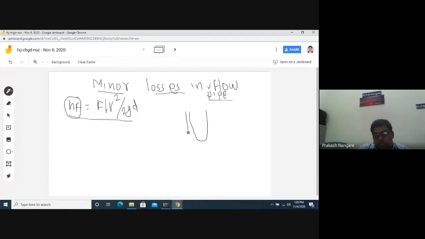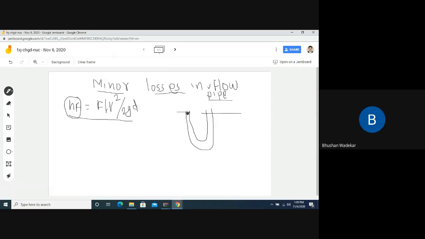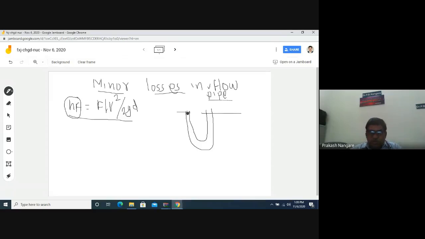This is the type of manometer. You are observing this section of the pipe, where the left limb is connected to one point along the length of the pipe, and the other limb is connected to another point of the pipe flow.